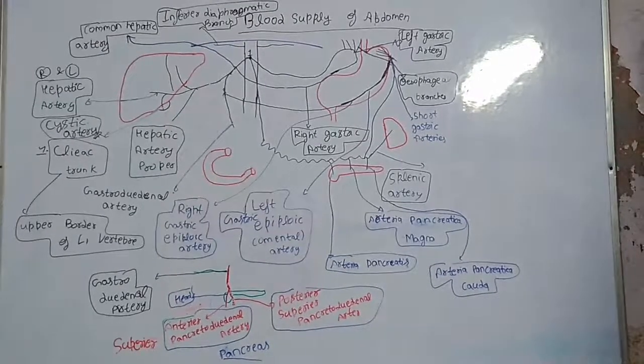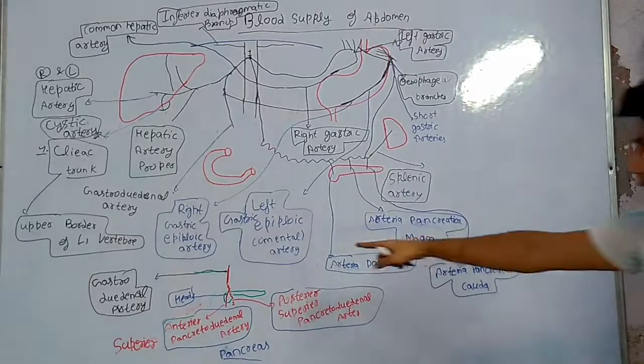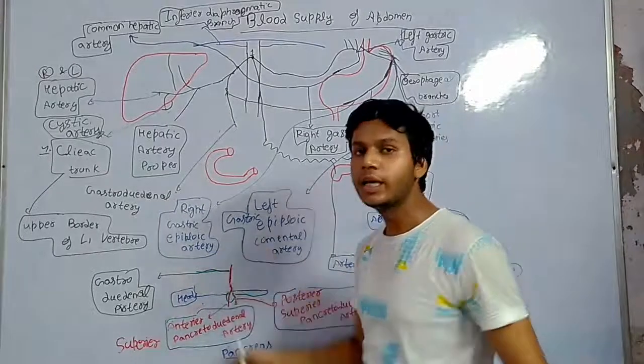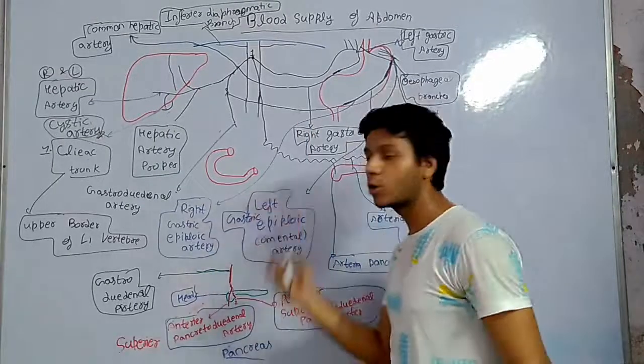Note this. This is the gastroduodenal artery which divides into the anterior and posterior superior pancreatoduodenal arteries.